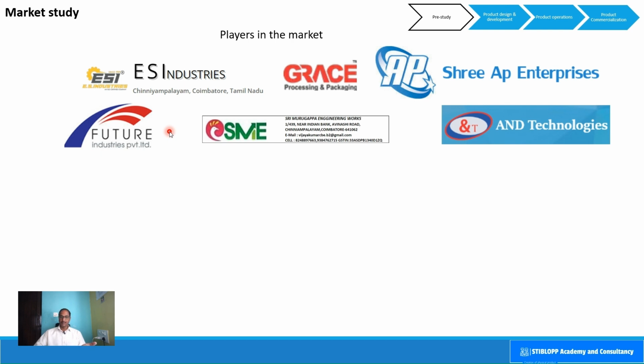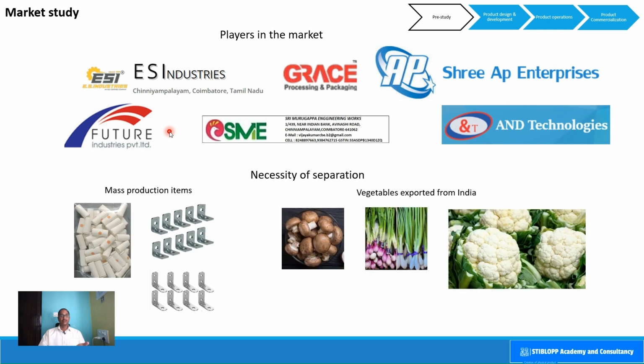Okay. And let's see what are the opportunities that are available to produce a similar kind of machine. We have mass production items like the cigarette filters, which need to be sorted based on their quality. The cigarette filters are the filters which are put behind the cigarettes. We enjoy smoking, isn't it?